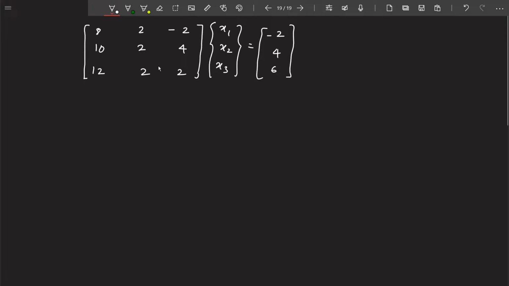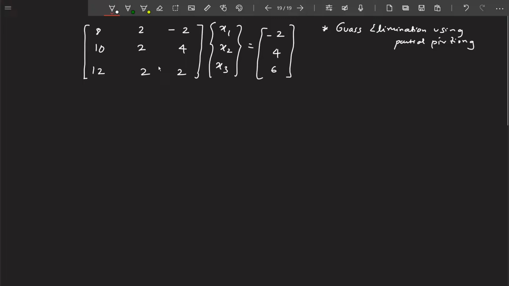Let us say you have to solve this problem by Gauss elimination using partial pivoting. In the problem itself they have said that you have to solve it using partial pivoting.